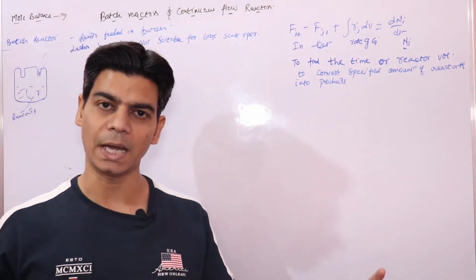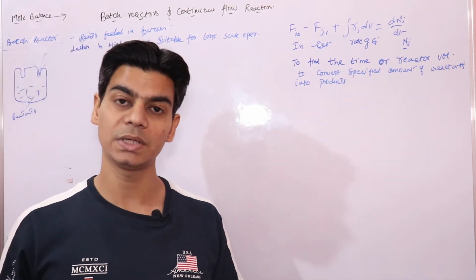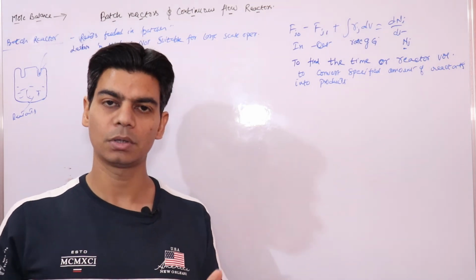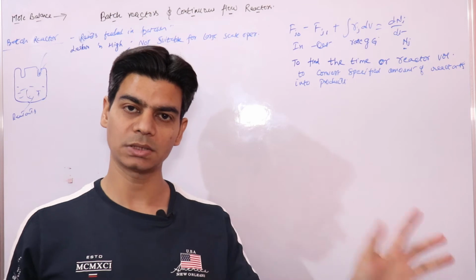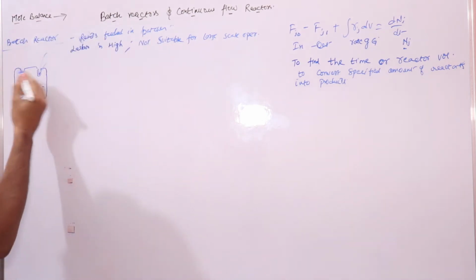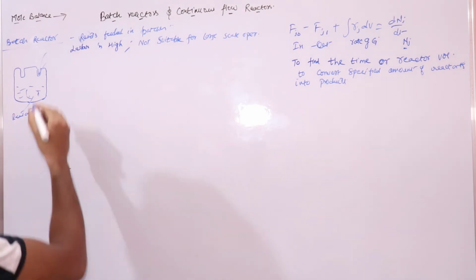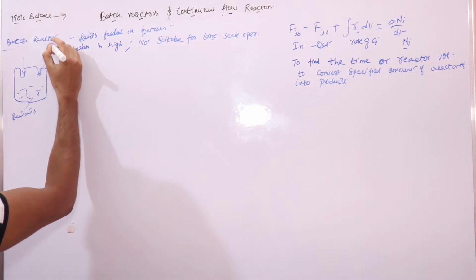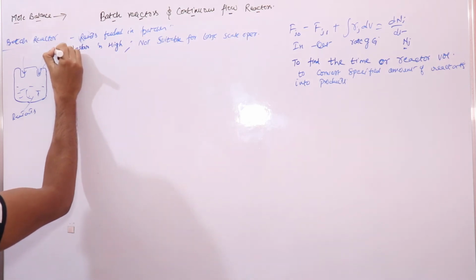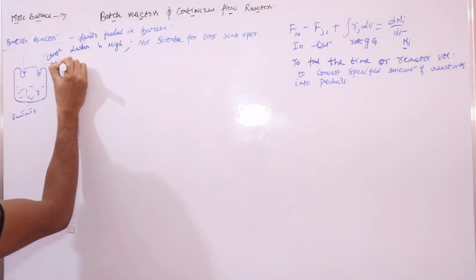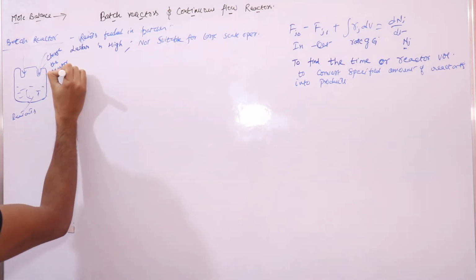Feeding the reactants into the reactor is known as charging the reactor. If you see terms like charging the reactor in your book, it means you are filling the reactants into the reactor. So from the top you can charge the reactor with reactants.